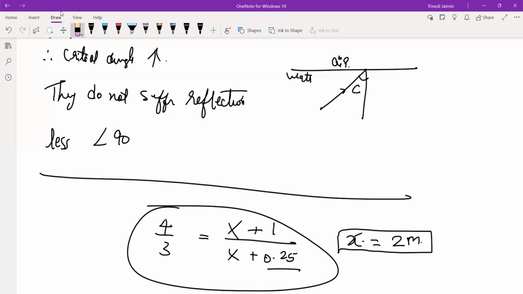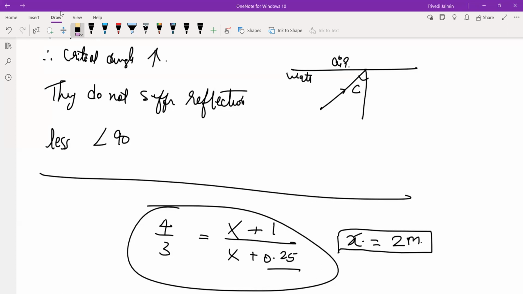So we are assuming both as the same here, that both distance moved and height moved are x. So here x means 1 plus 2, 3 meters, and here 25 centimeters means 2.25 meters. It moved that way.